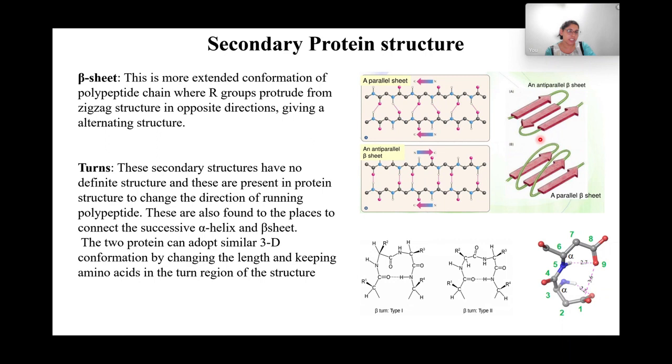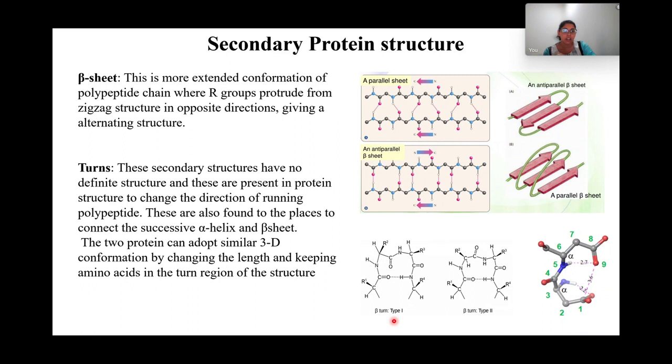So if you want to see beta turns here, you have these ends, okay? And the CONH bonds are here. Is R1, R2, R3, R4. So ideally this would have been a single straight line, but what happened was the CO of the first amino acid attracted the H group from the N terminal of the fourth amino acid.